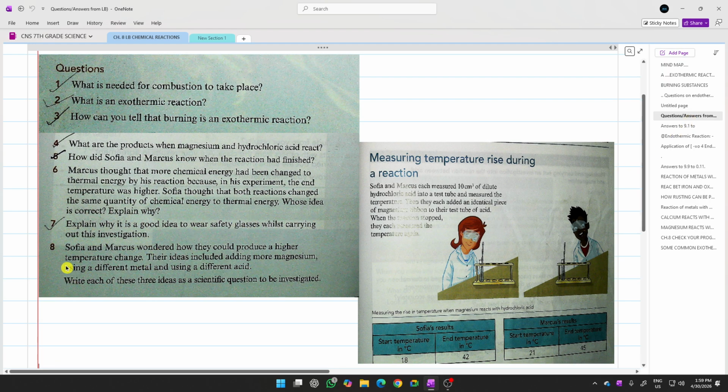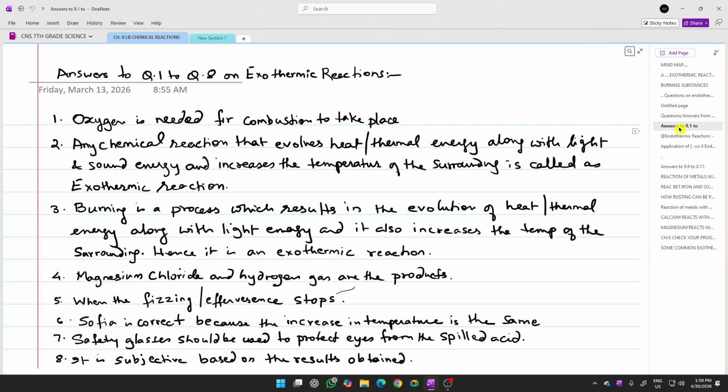Question number 7 says: explain why it is a good idea to wear safety glasses while carrying out this investigation. Now this is very simple. You should wear safety glasses to protect your eyes from spilled acid.